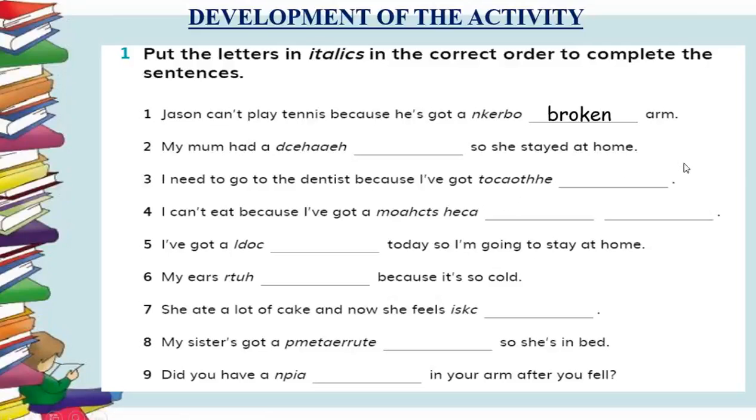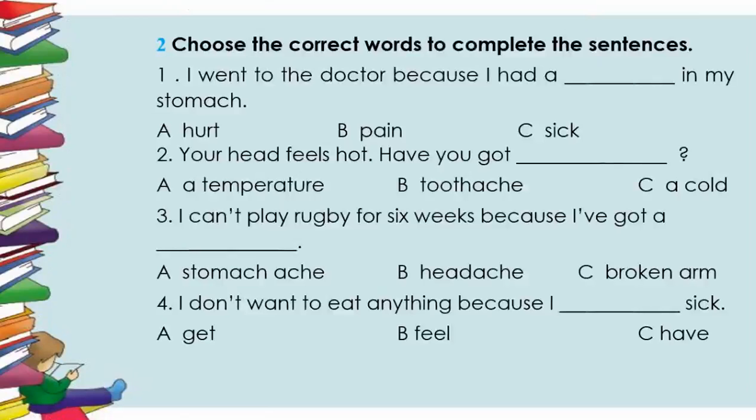The next activity is activity number 2. Choose the correct words to complete the sentences. We have here 4 sentences and each sentence has 3 alternatives, A, B, and C. Number 1.